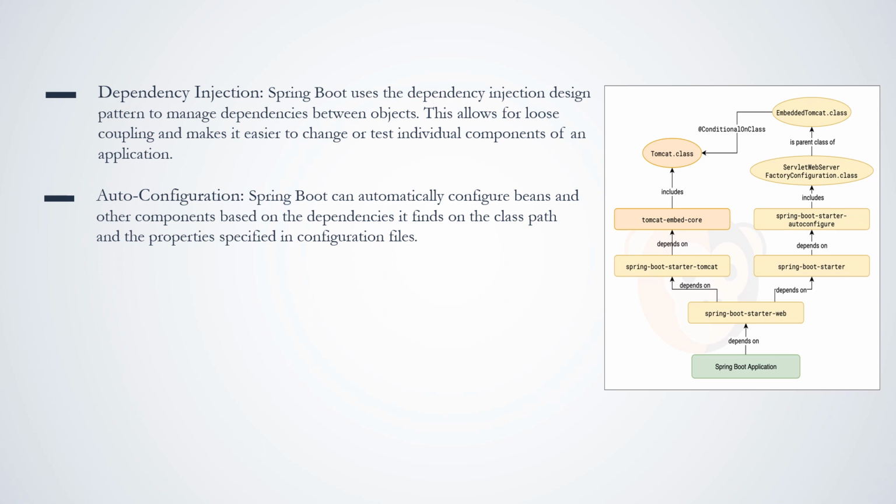It means the Spring Boot framework can automatically set up certain parts of your application for you. This automatic setup is usually based on what it finds in the configuration files and on the class path that you give. Obviously, this saves you a lot of time and effort because you don't have to configure those things manually.